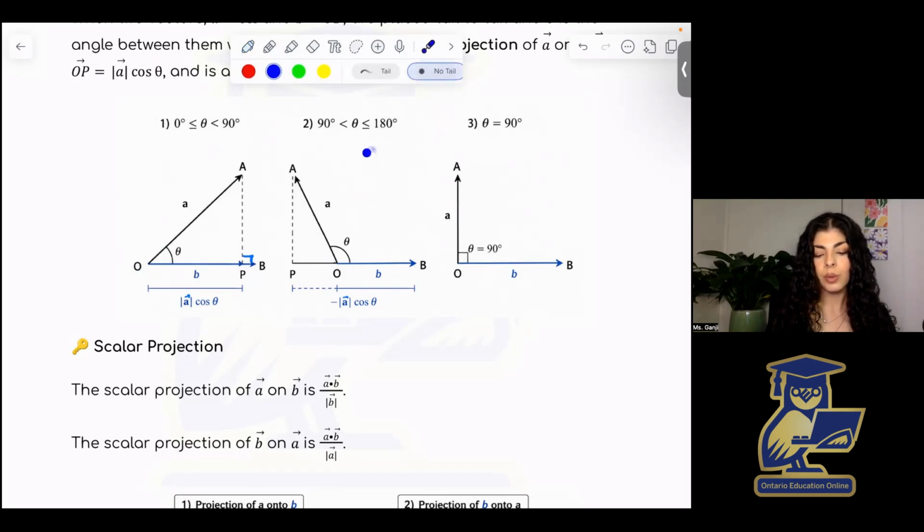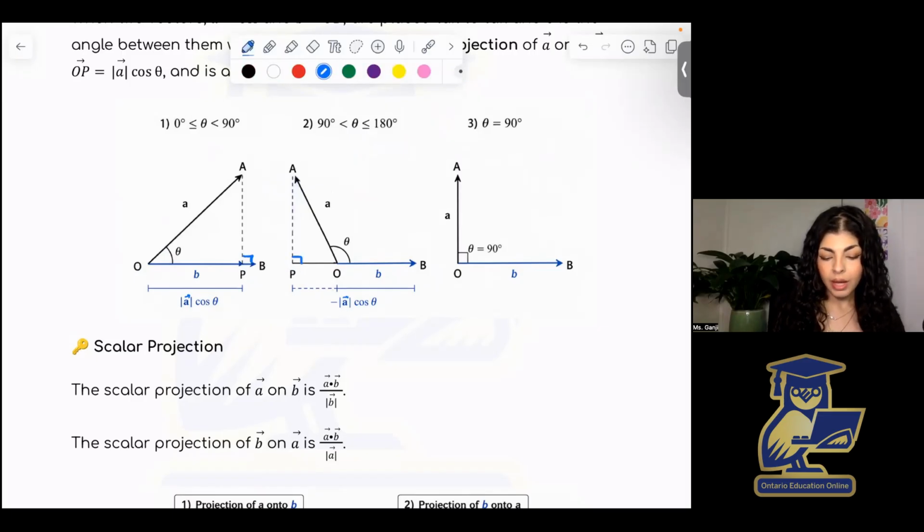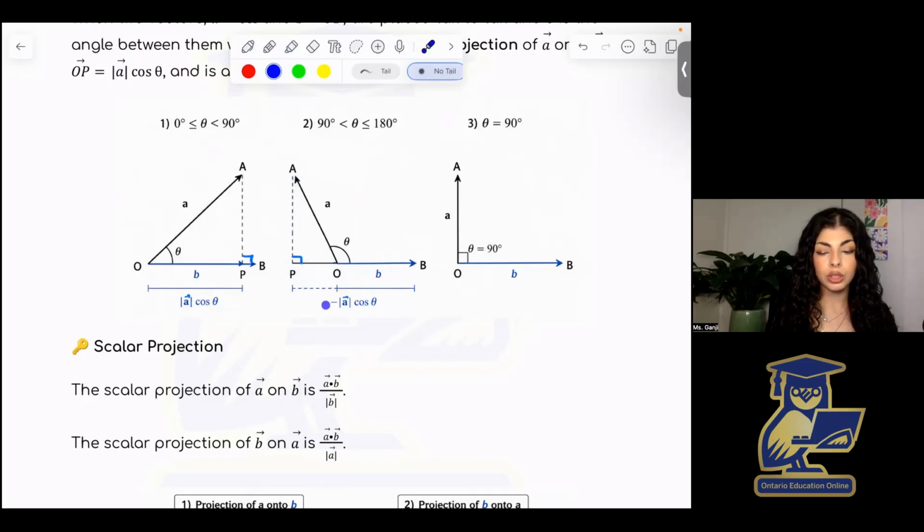In the case where theta is between 90 degrees and 180 degrees, you can see that this is now going past where vector OB is. So we find that same perpendicular line, but now we have to extend vector OB in the opposite direction, and this is now our new value, which is going in the opposite direction to OB.